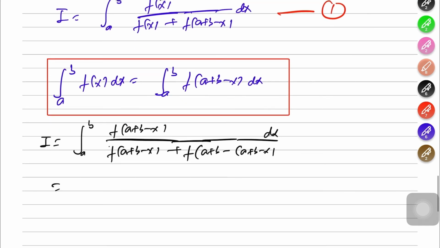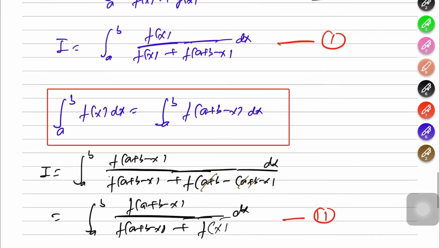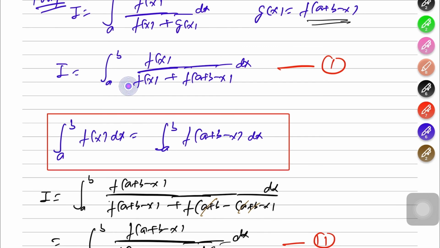So it simplifies and becomes f of a plus b minus x upon f of a plus b minus x plus, the a plus b cancel out, that becomes minus and plus, f(x) dx. This is the same integral I. So this is I without using the property, and this is I using the property of definite integration.